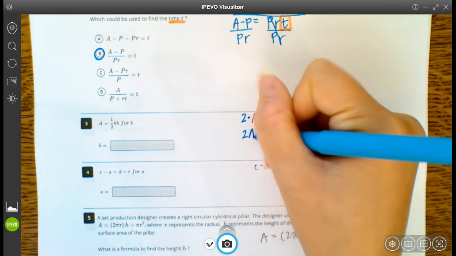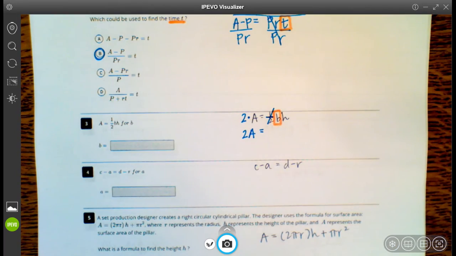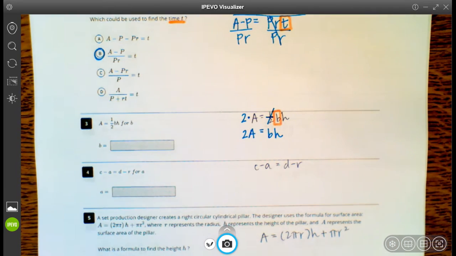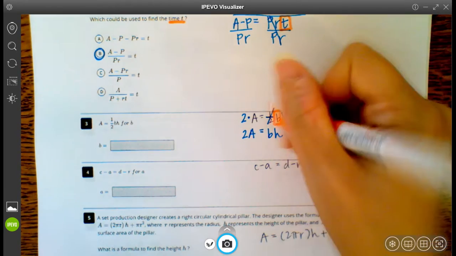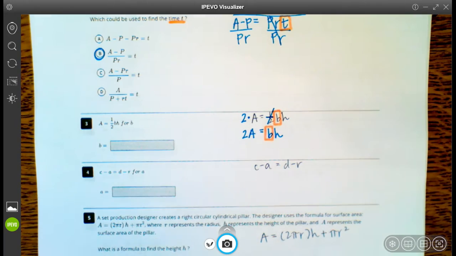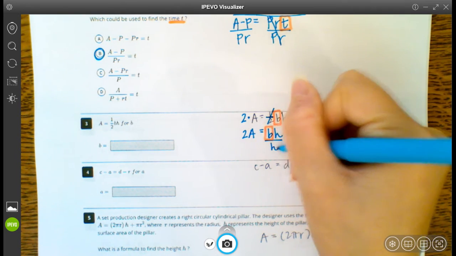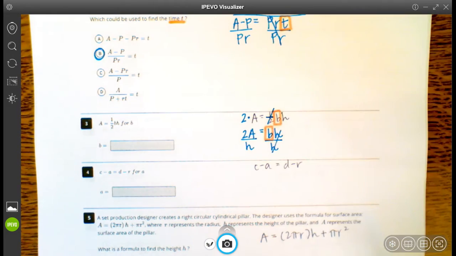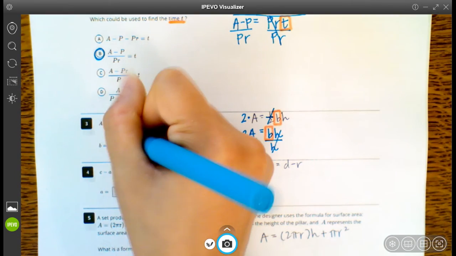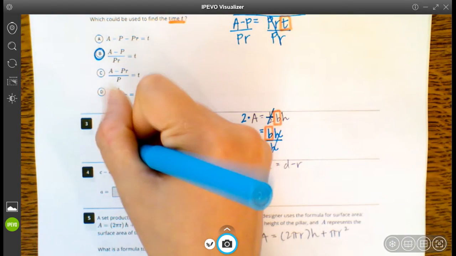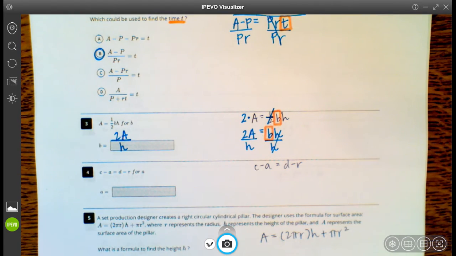So 2 times A, we can also just write as 2A equals BH. No more division, which is better, right? So if I get B by itself, I'm good to go. Right now it's sitting side by side with H, which means that we're multiplying by H. So to undo it, we divide by H, which means little b is equal to 2 capital A over H. That's it.